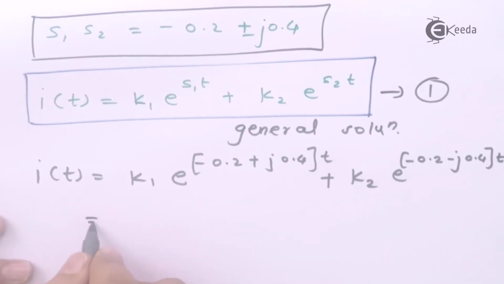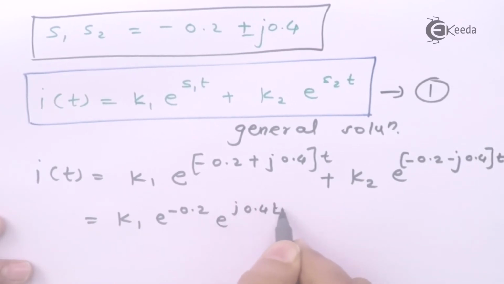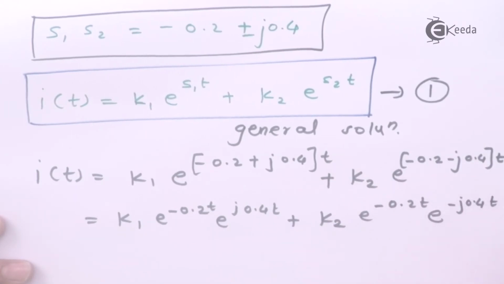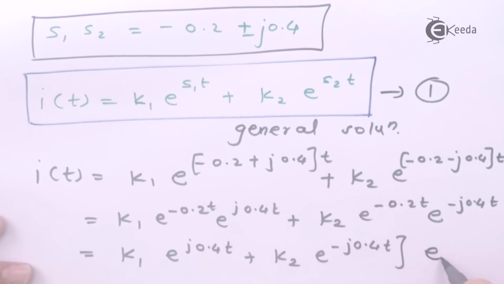And now obviously I can separate the real and imaginary parts as k1 e raised to minus 0.2t into e raised to j 0.4t, plus k2 e to the power minus 0.2t and again e to the power minus j 0.4t, and I can take it outside, so it is going to be k1 into e raised to j 0.4t plus k2 into e raised to minus j 0.4t, the whole multiplied by e to the power minus 0.2t.